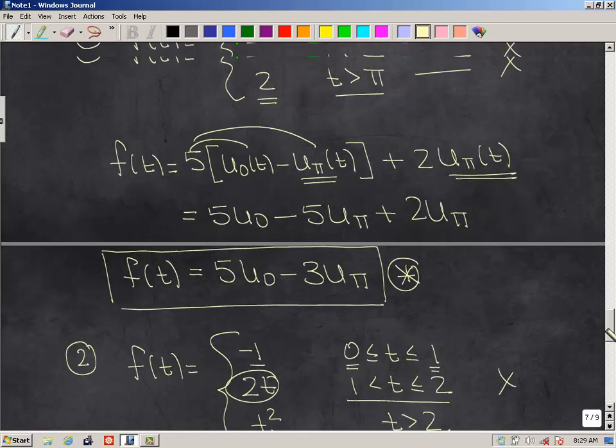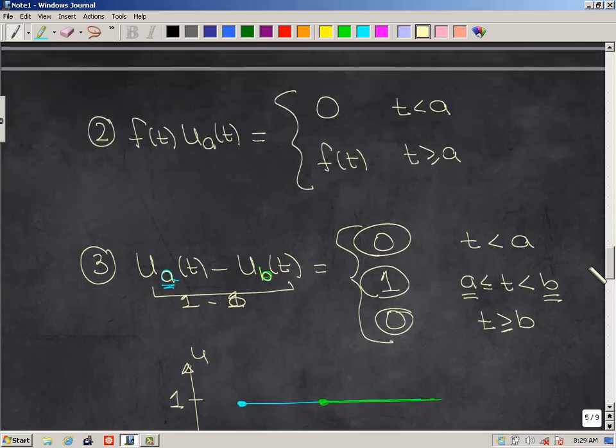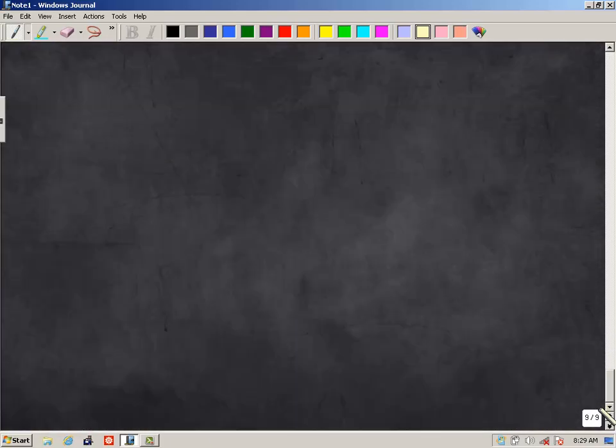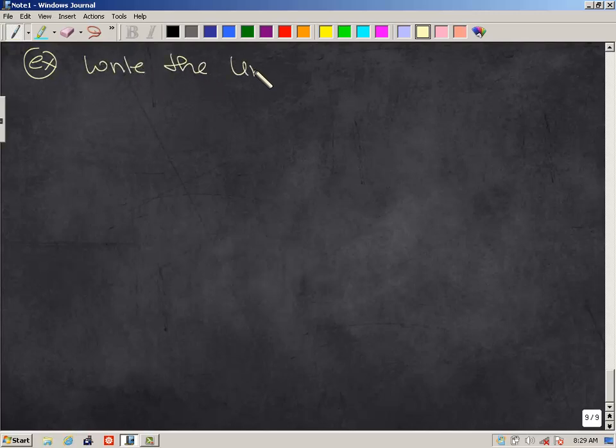But the second type of problem we're going to have is where we want to write the unit step function as a piecewise function.